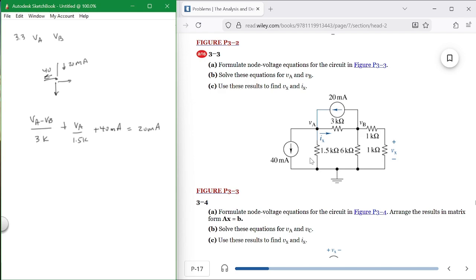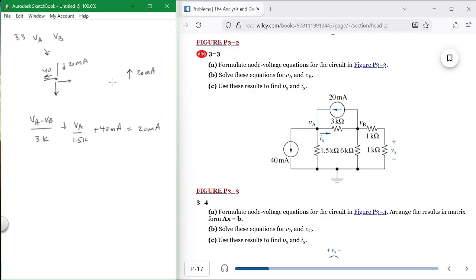What's the other equation? Right around VB. So now you're going to be writing the current going in. This is at VA. And at VB, what are you going to write? Well, the current going out is going like that, and it's 20 milliamps.